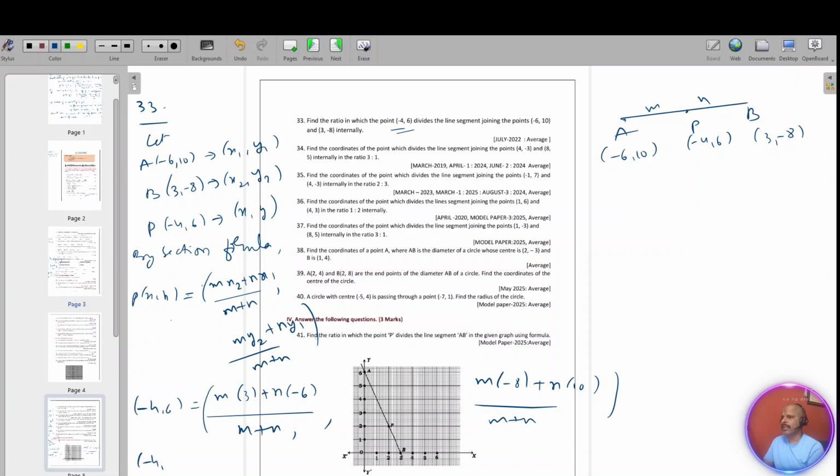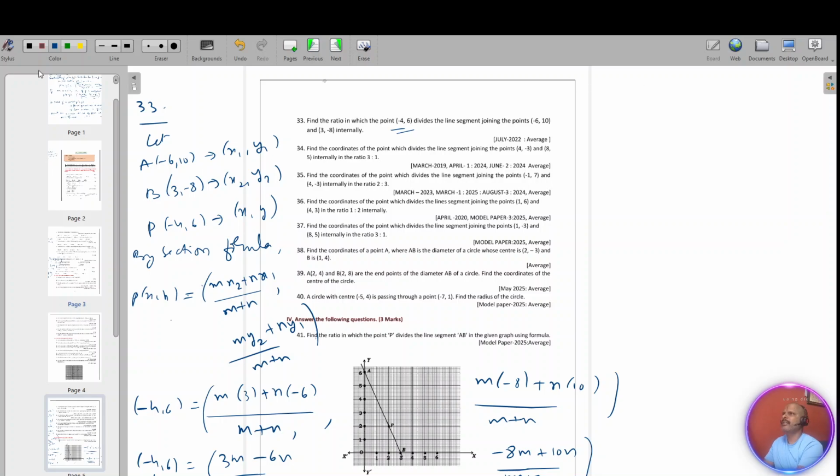So this becomes minus 4 comma 6 is equal to (3m minus 6n) by (m plus n), comma (minus 8m plus 10n) by (m plus n). Now this means you have to equate minus 4 to the x coordinate and similarly the y coordinate to the y coordinate. What do you get? Let's see. I'll erase this part here.